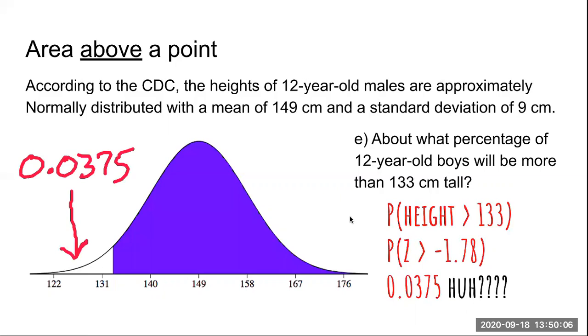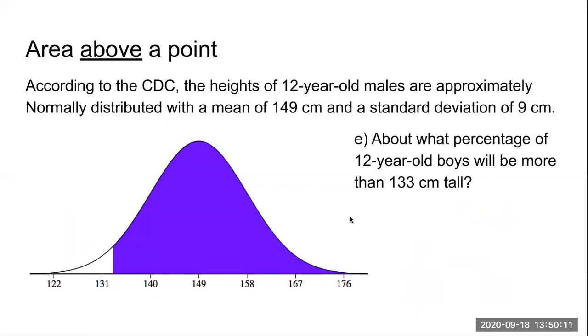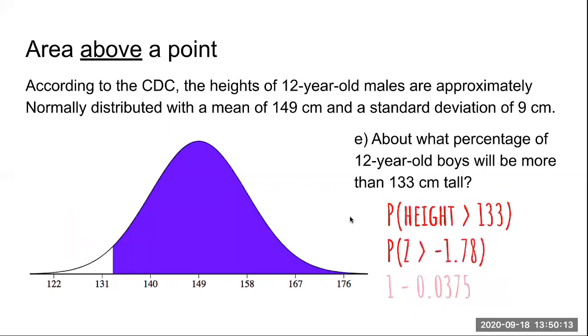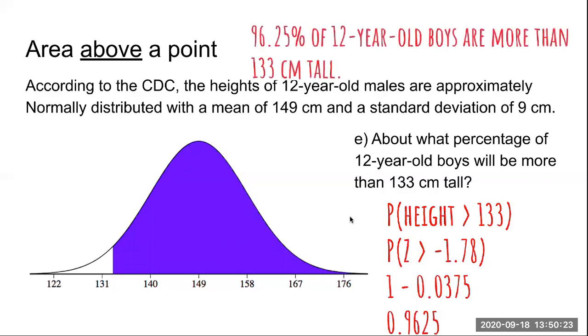So you have to do a little bit of math to calculate the answer here. You would do 1 minus 0.0375, and you would get a much more reasonable answer, 0.9625. So we'd say 96.25% of 12-year-old boys are more than 133 centimeters tall.